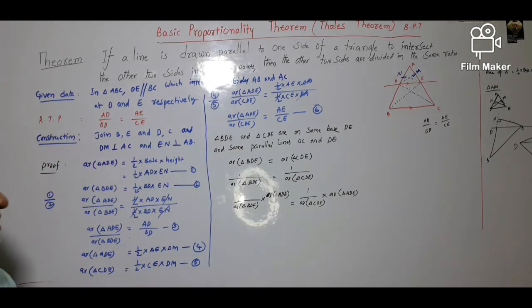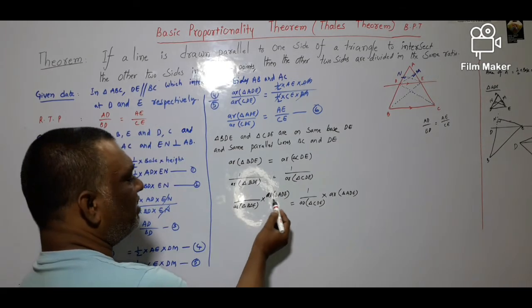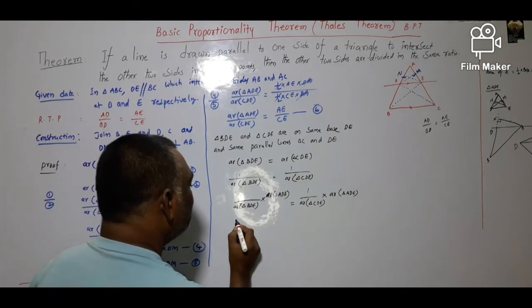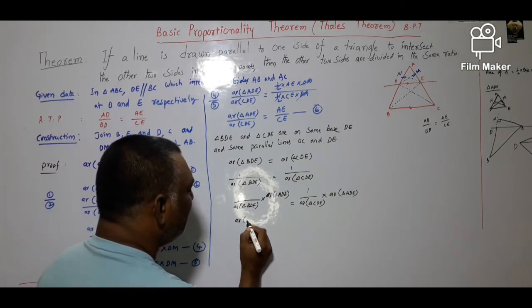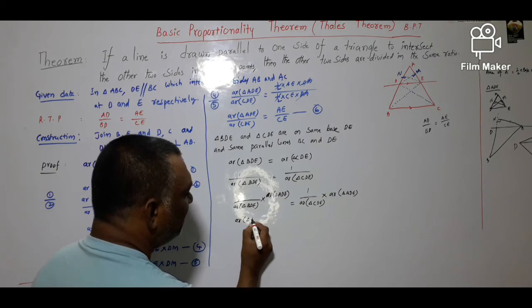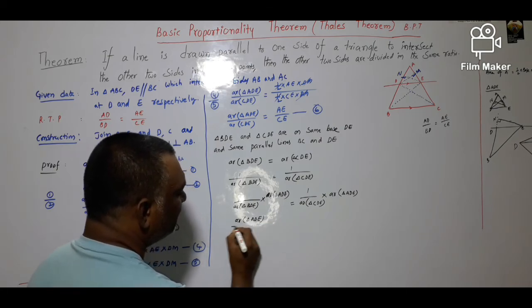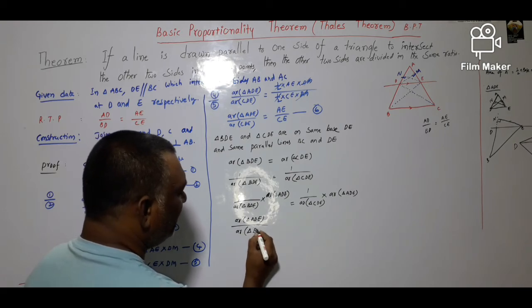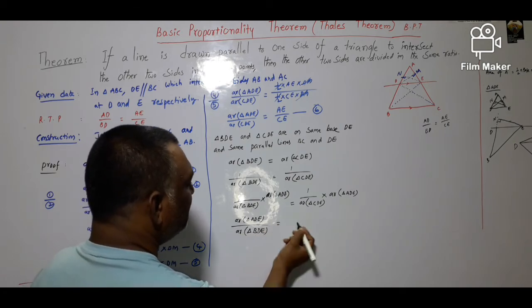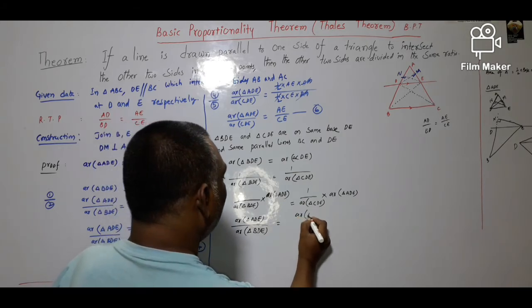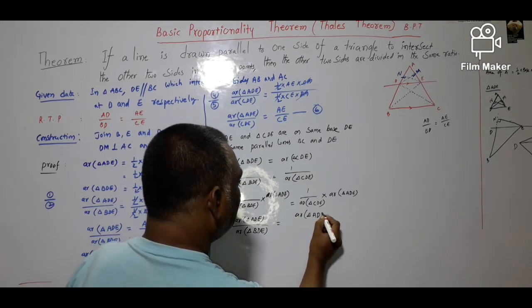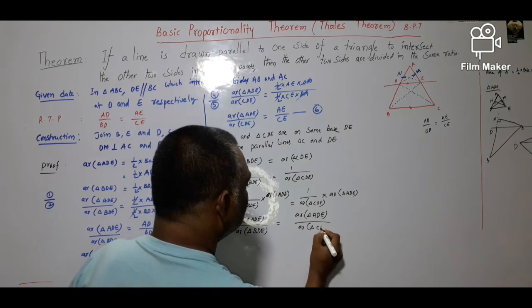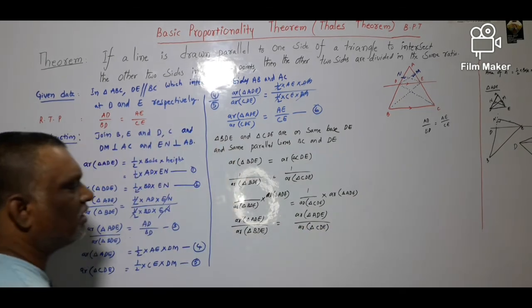Now write here: area of triangle ADE divided by area of triangle BDE is equal to area of triangle ADE divided by area of triangle CDE.